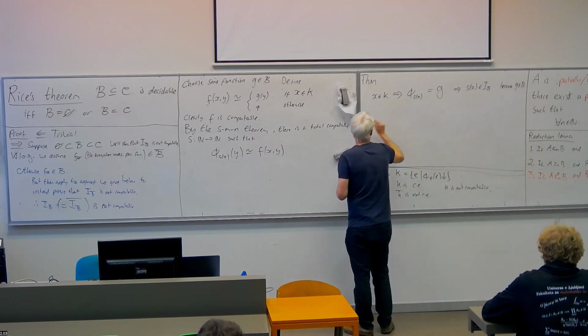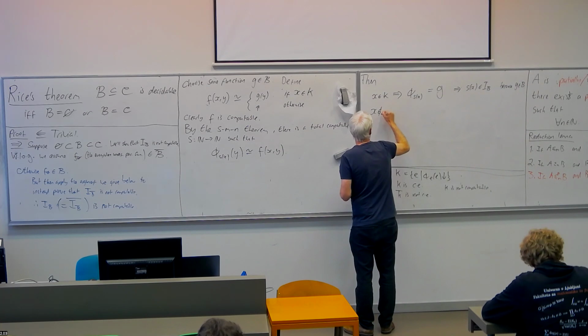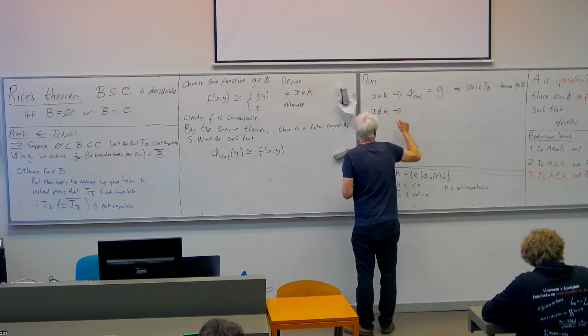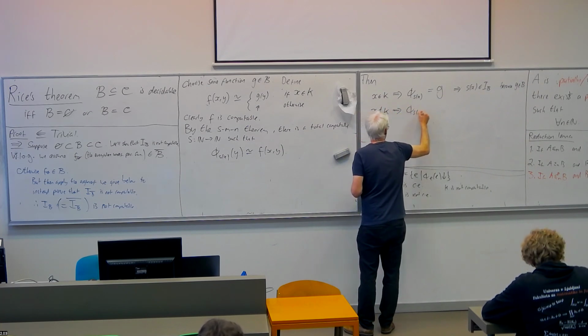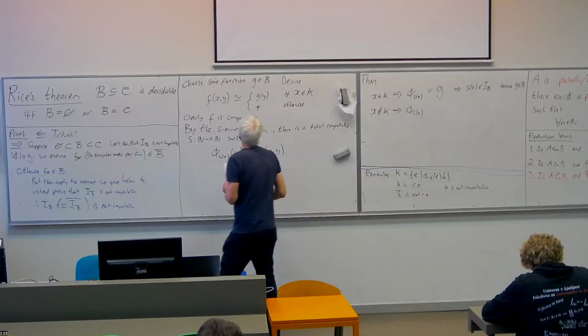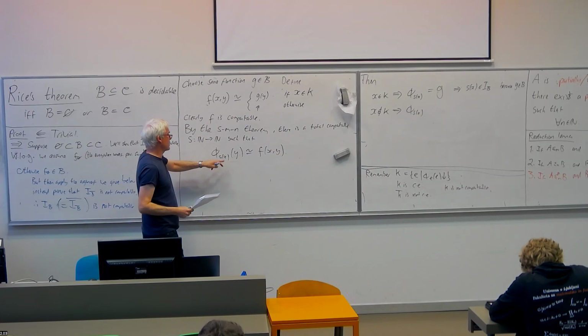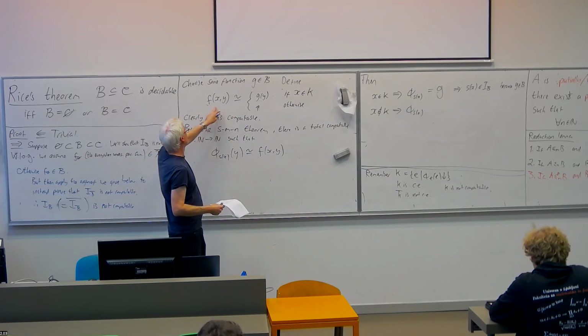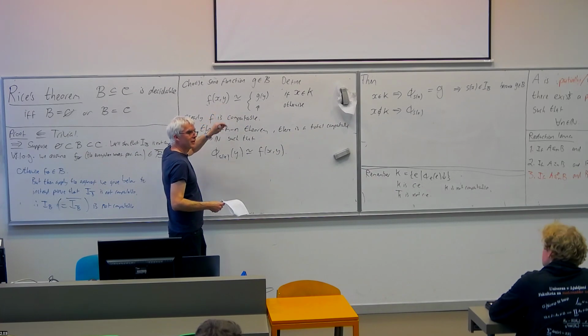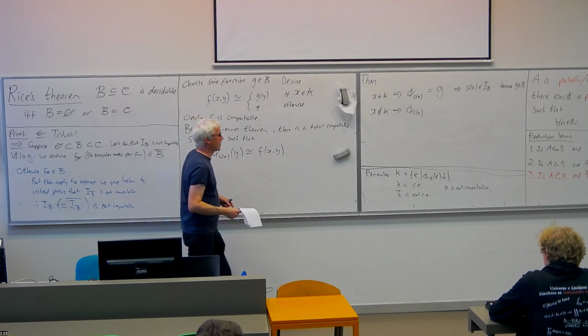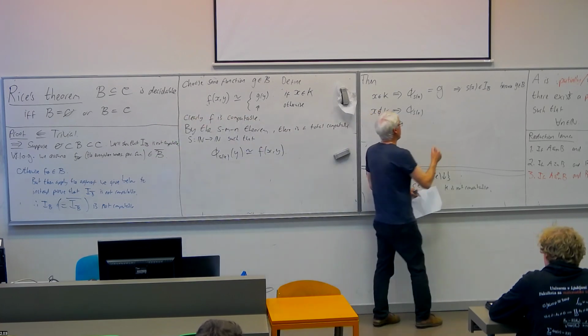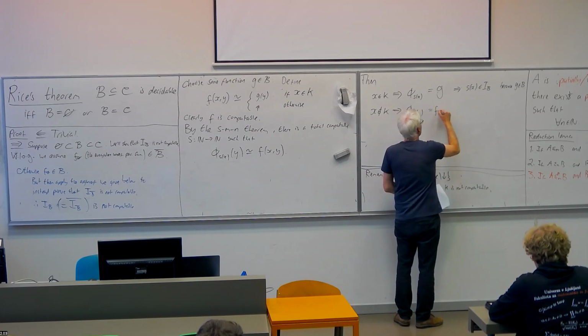On the other hand, if x does not belong to K, then phi of s of x, that's the function in y for this particular x, the function in y, f of x, y. Which function is it? Yeah, it's the everywhere undefined function, which is our f0, f of the empty set.